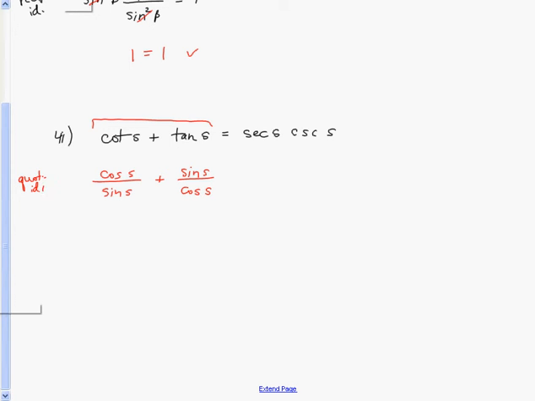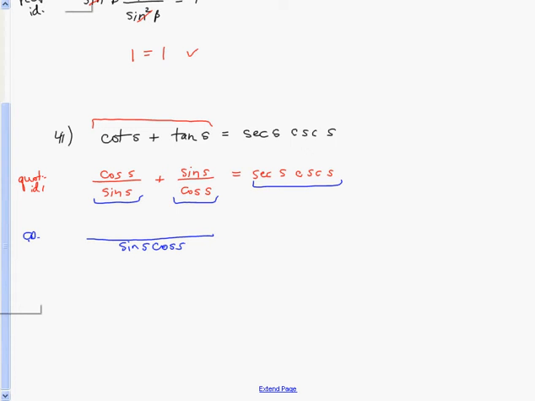And we still have secant of s times cosecant of s in play. Now notice we have just one term here being multiplied, and over here we have two. I need to get it down to one, so I'm going to get a common denominator. That common denominator would be sine of s, cosine of s. I just multiply those together.